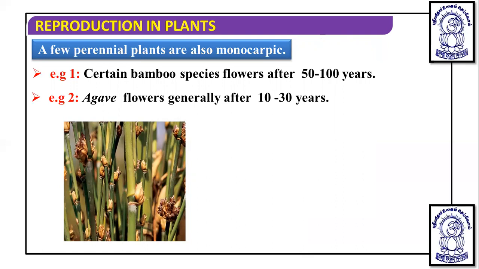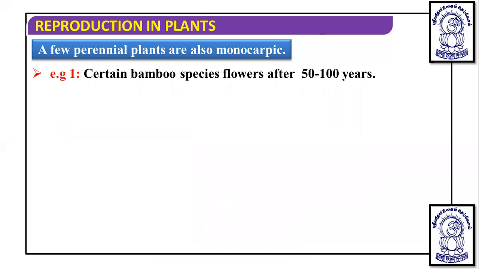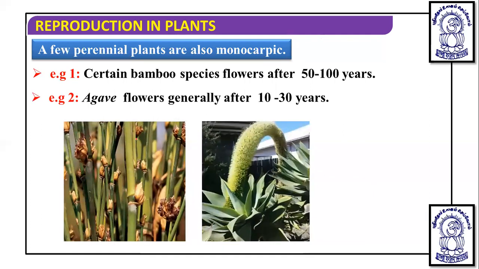Now, if we talk about some of the bamboo species, we can write some of the names of the bamboo species. In bamboo species, we are going to write some of the examples. And in that, one of the known examples of bamboo species is Bambusa tulda.